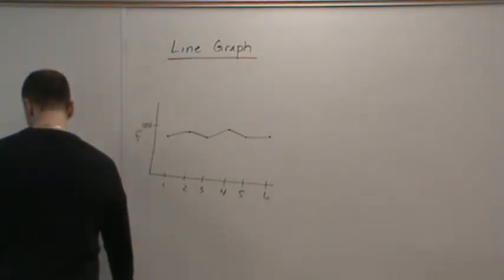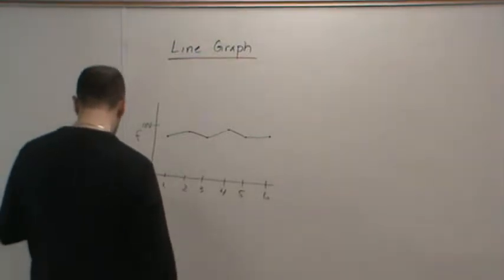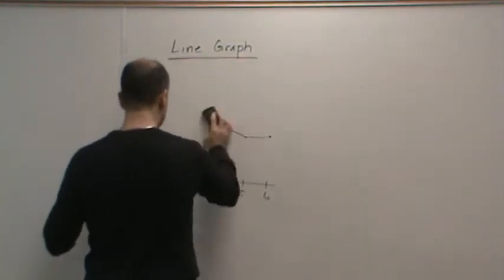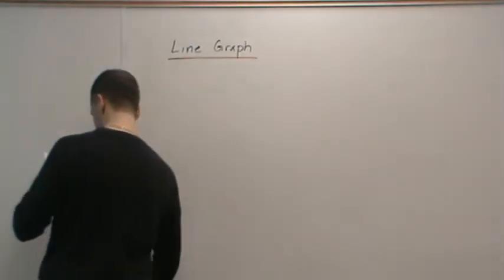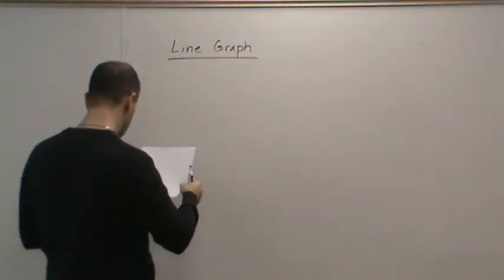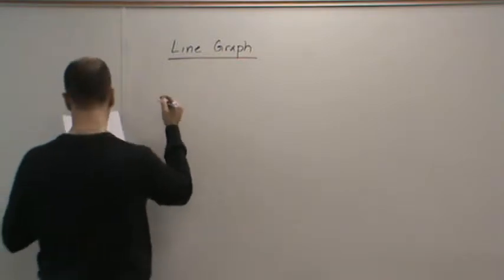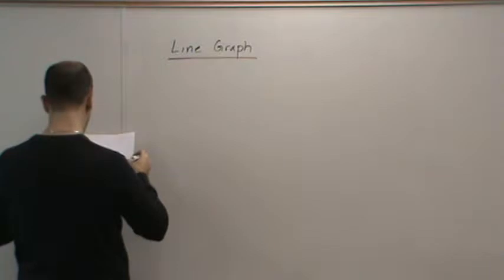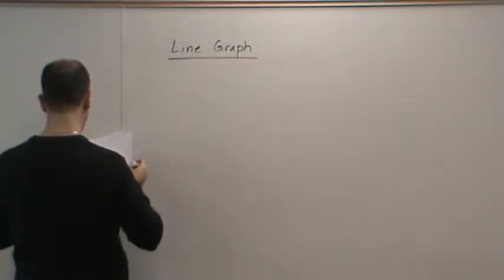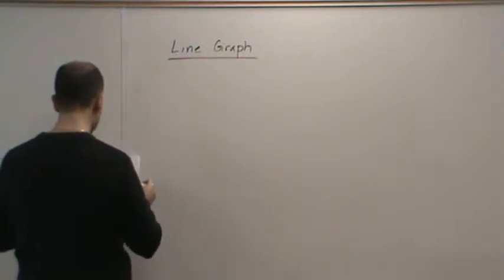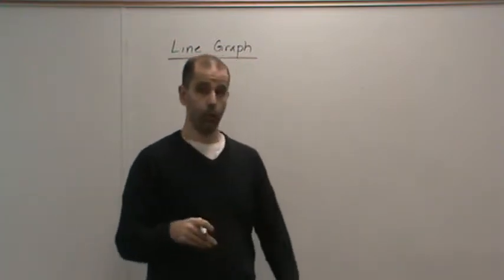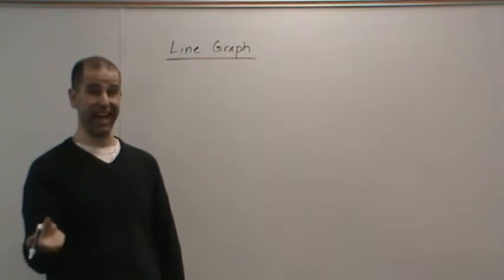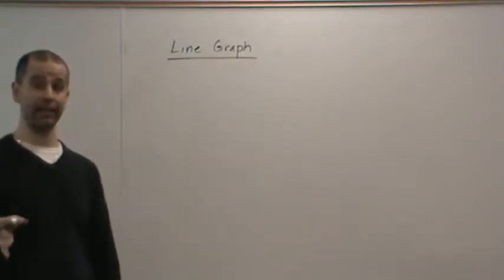So now, what if we deal with, oh, here's another example. Okay. What if we do grouped data? Okay. Well, with grouped data, we're going to introduce a very specific line graph called a frequency polygon.